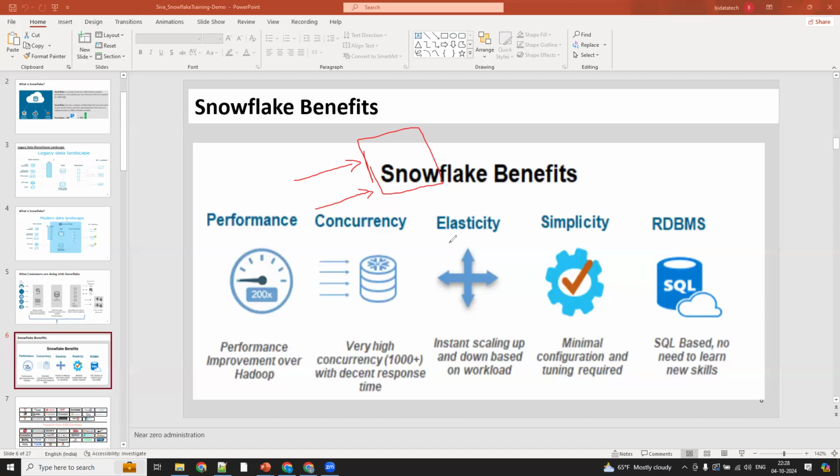And elasticity, as I was mentioning. To execute all these queries, we need to have some execution engine. I'll talk about that execution engine a bit later.